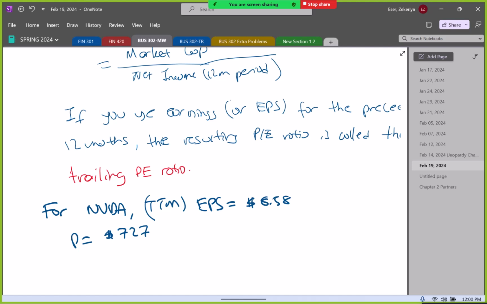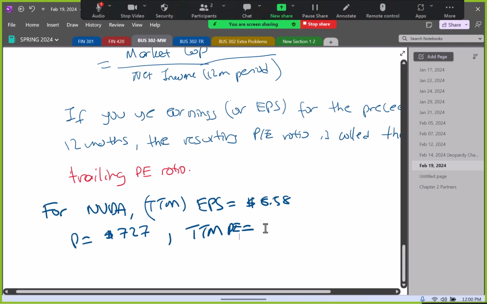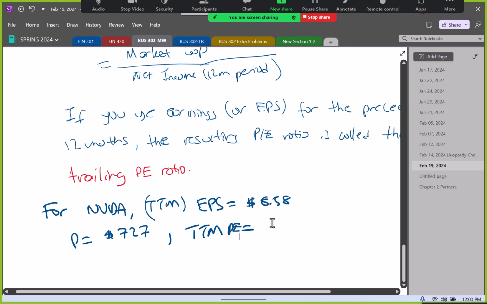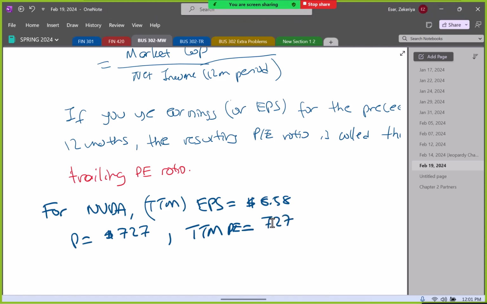Hence, the PE: it's 727 divided by 8.58. It's 84.73.